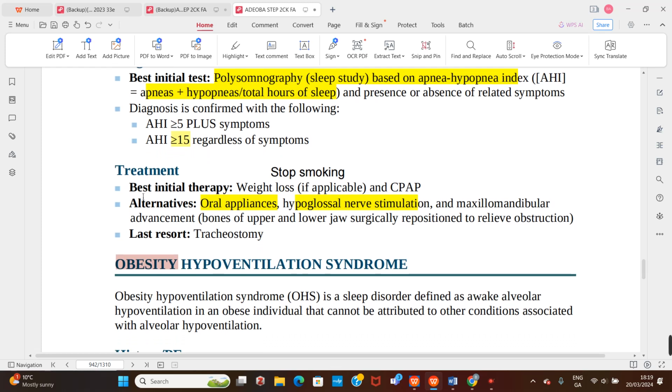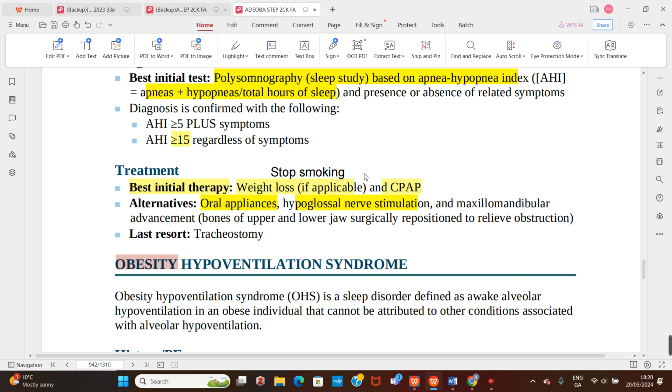So what is the best initial treatment? The best initial therapy is lifestyle modification first, with our CPAP. That's what we are going to do first. They can't escape CPAP. We have to tell them to reduce their weight, if the person is obese, and to stop smoking, if they are smokers.